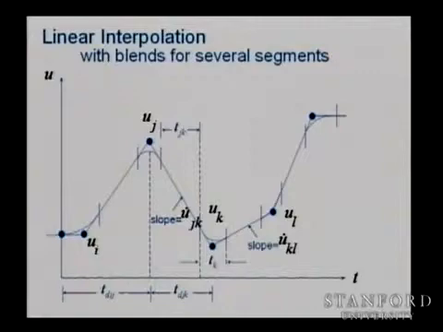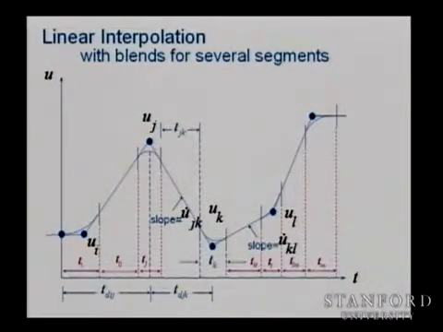And then the duration of the next segment is t d_jk, etc. Then the duration of the actual blends will be denoted as t sub k for each of the blends. We have the slopes, and then the duration of the straight line segments will be denoted with t sub jk, which is the straight line between position j and position k. Okay? So these are the parameters that we are introducing here.